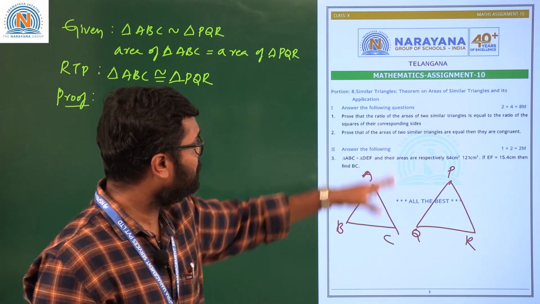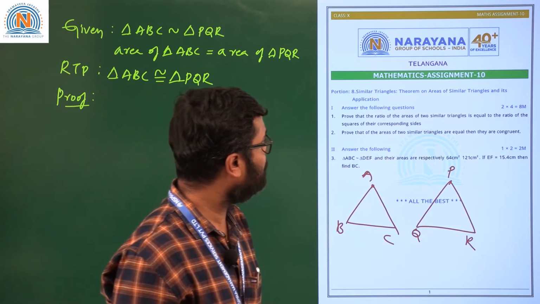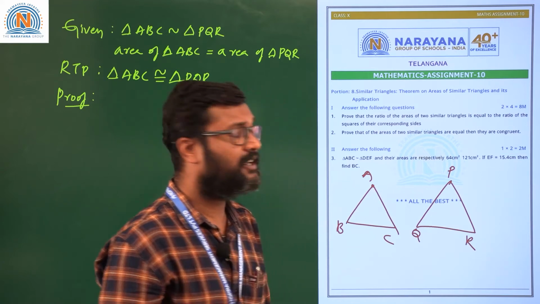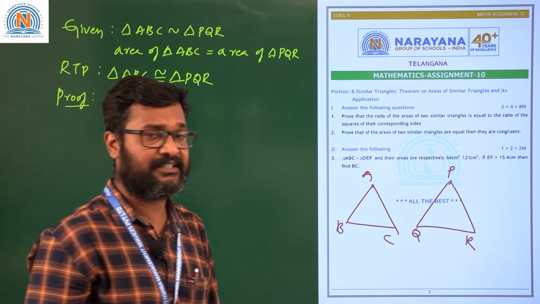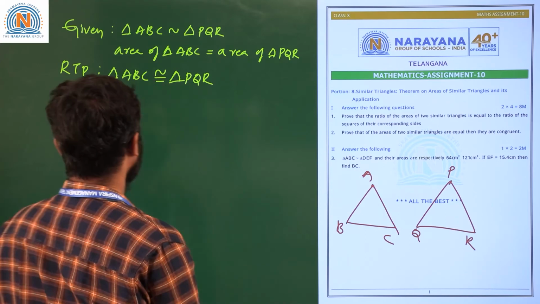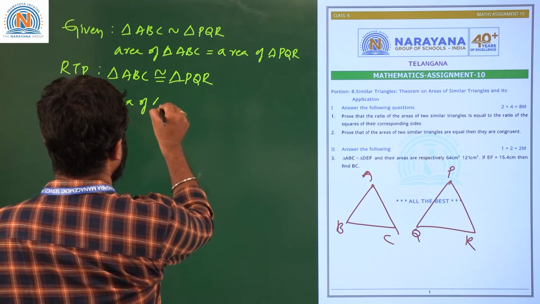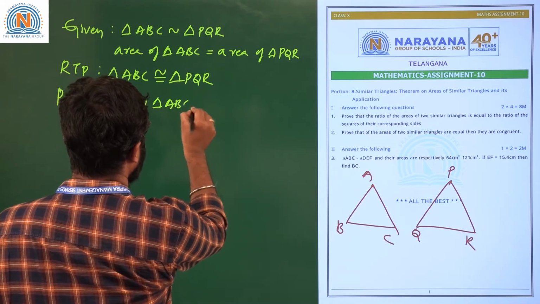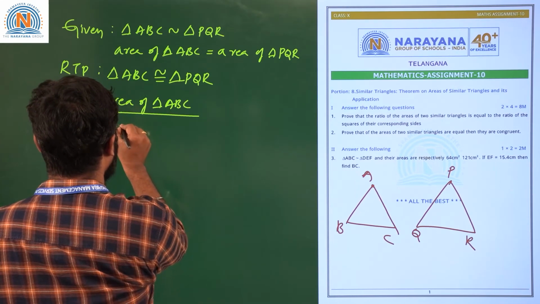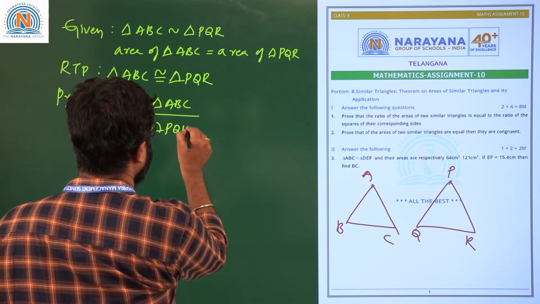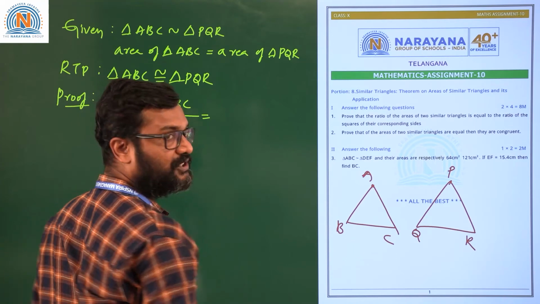We have in the first question just proved that one in the previous question, that is the ratio of the areas of two similar triangles is equal to the ratio of the squares of their corresponding sides. So we will take that condition here, that is area of triangle ABC by area of triangle PQR is equal to what, children?